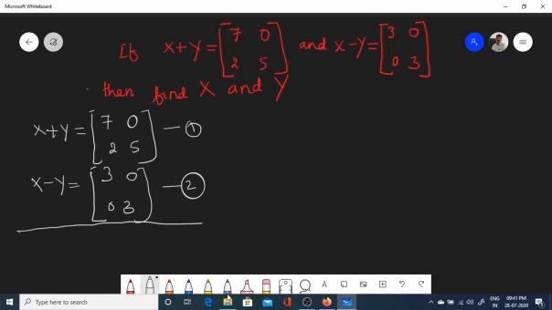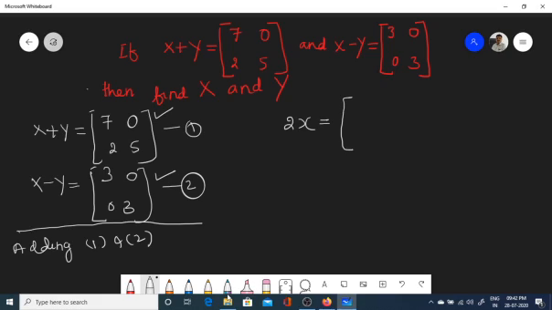We know that just by adding the two equations, adding 1 and 2, this x and x will become 2x, and plus y minus y will become 0. So just adding the corresponding elements of this matrix and 7 0 2 5, because we have to add these two matrices.